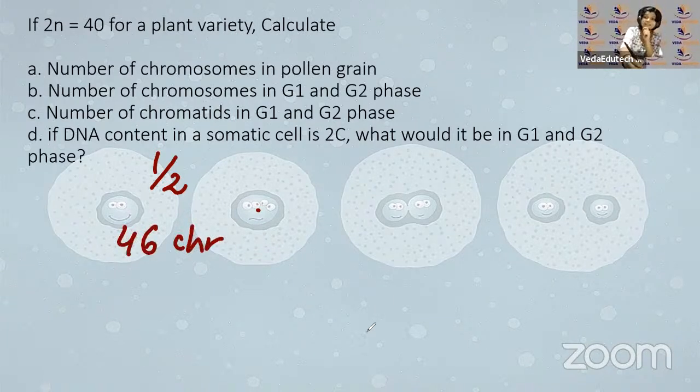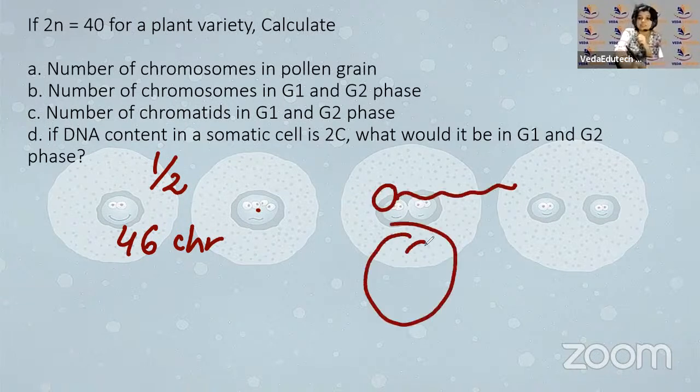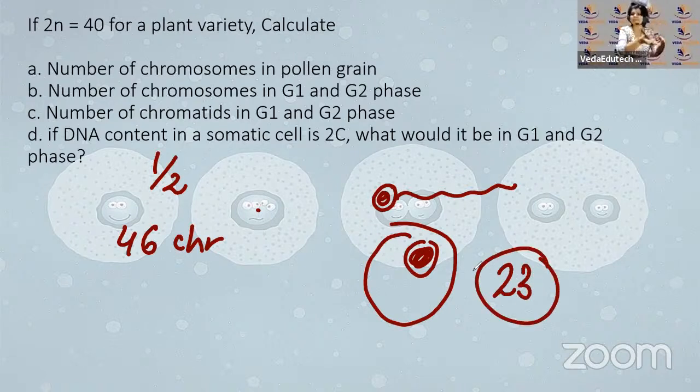But if I take a germ cell, if I take one sperm cell or an egg cell and I try to study the number of chromosomes inside these, then I will find that it is not 46, it is actually half of that, it is actually 23. Same happens for plants.